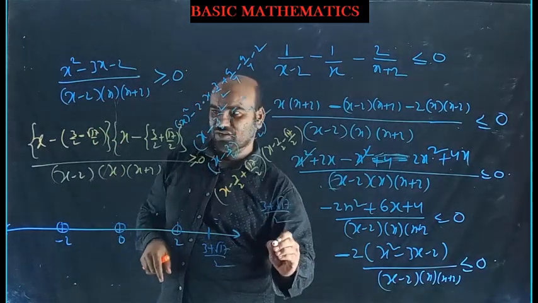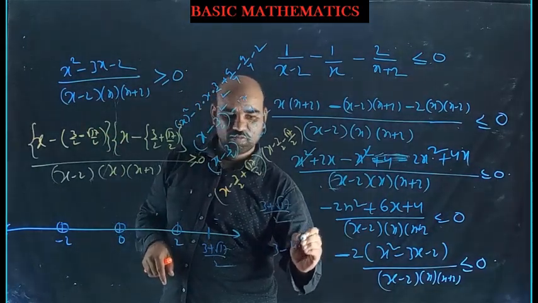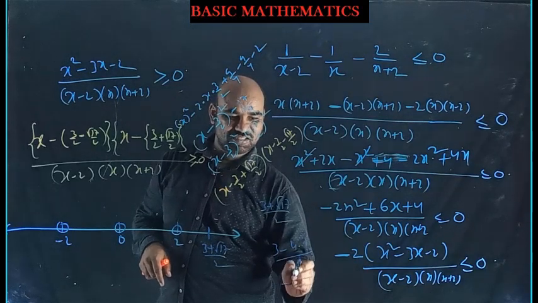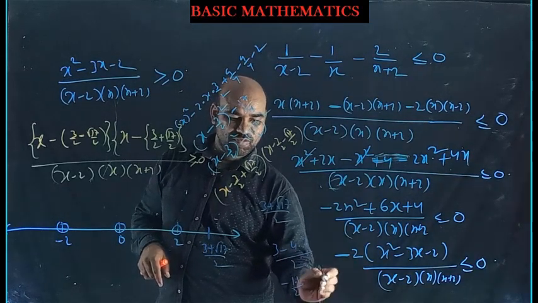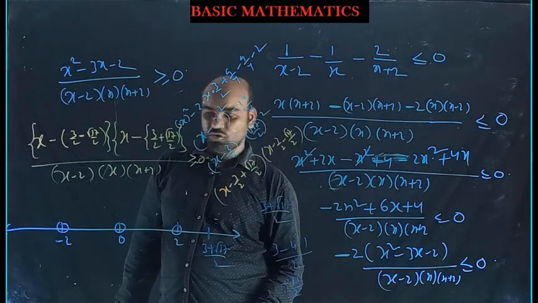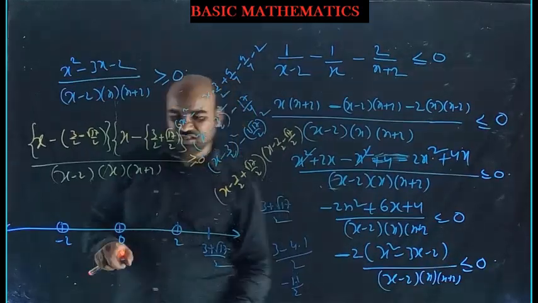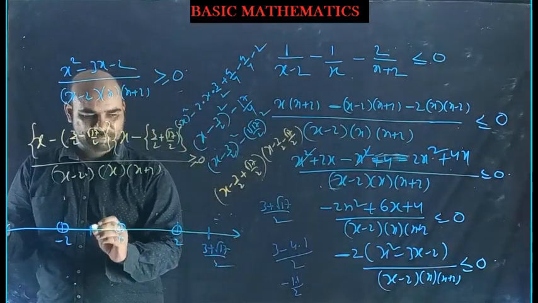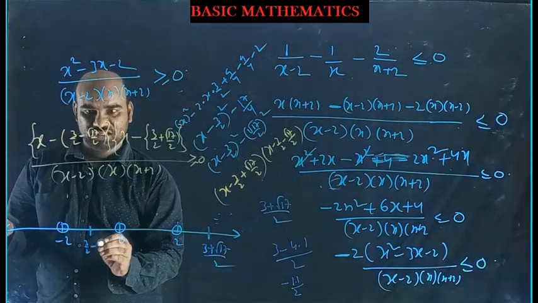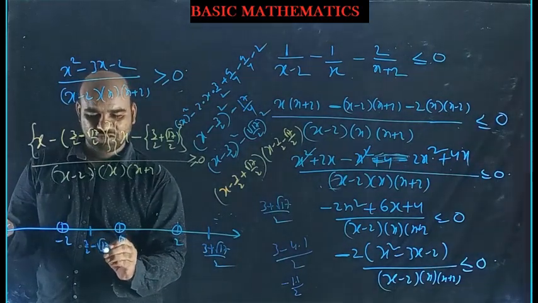Wait, 3 minus 4 point something by 2, that is minus 1 point something by 2. Minus 1 point something means what? Minus 0 point something, I think somewhere here. Okay, so I can write here 3 by 2 minus root 17 by 2.